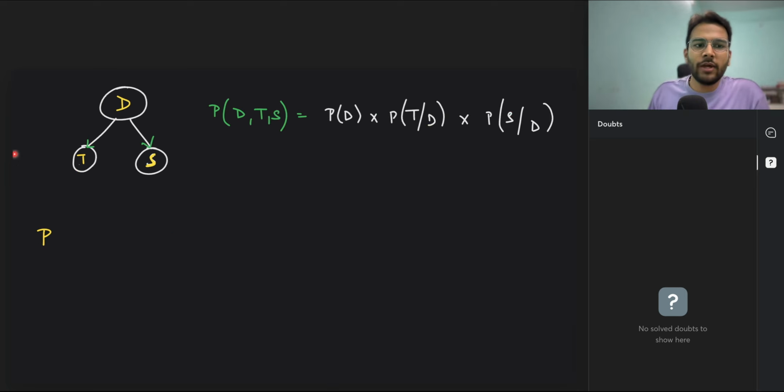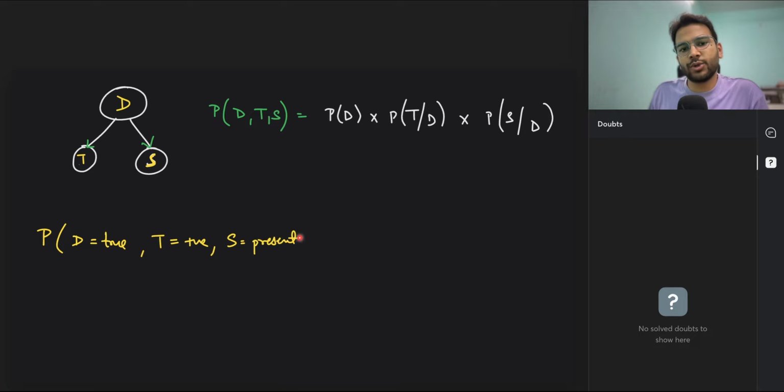Now carefully see this. If I ask you a question: find the probability that disease is true, that means disease is present, and test is positive, and symptom is present.